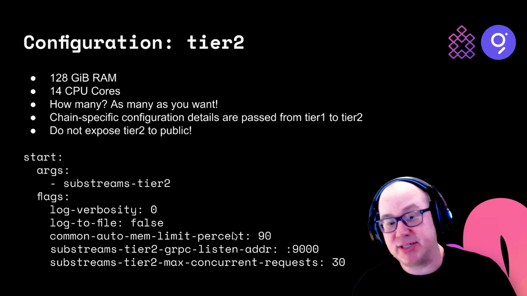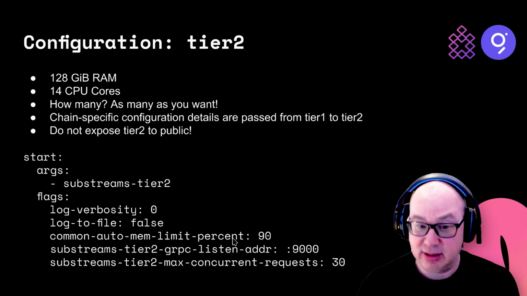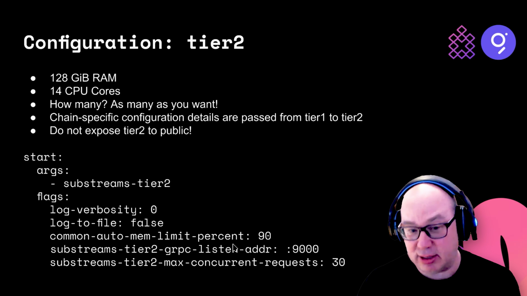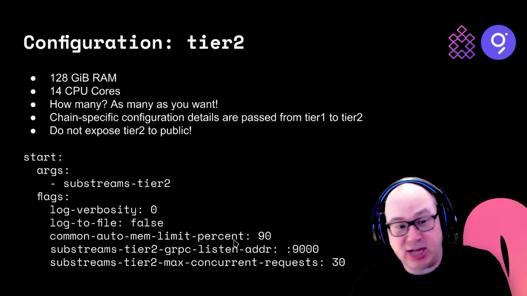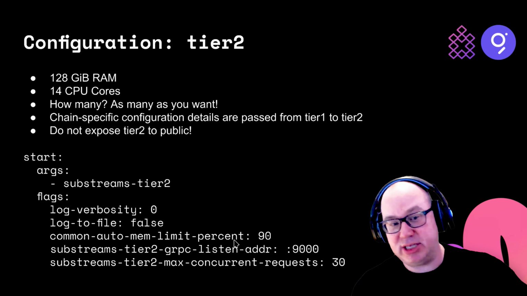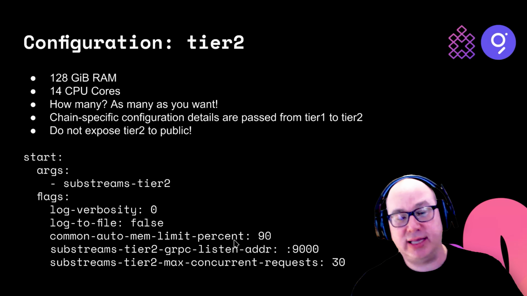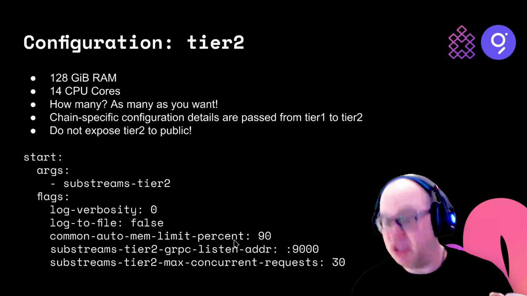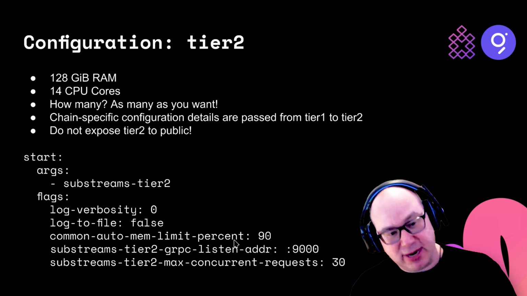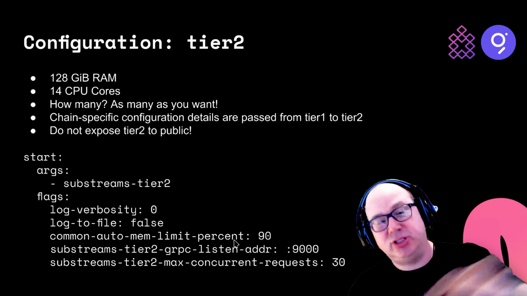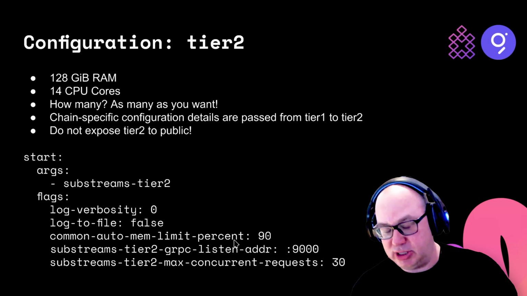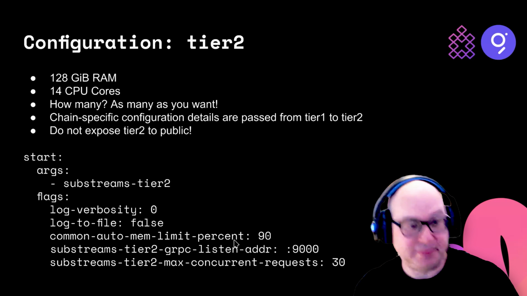We don't actually specify the details of where to find the blocks or where to write the cache. When tier 1 connects to tier 2, it tells it all that information, passing the parameters from the tier 1 configuration to tier 2. The tier 2 knows how to interact with the storage.